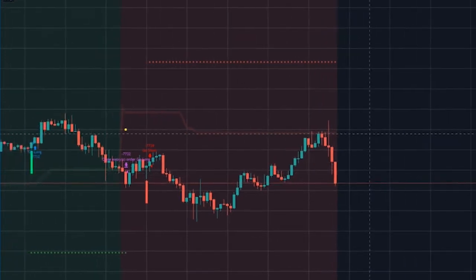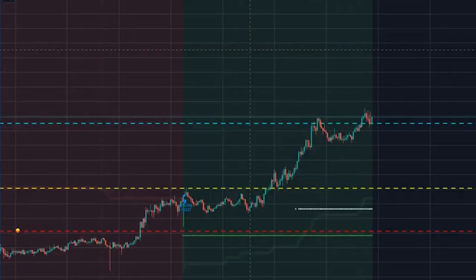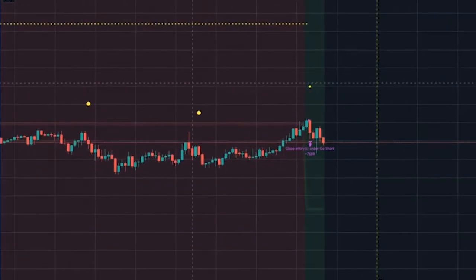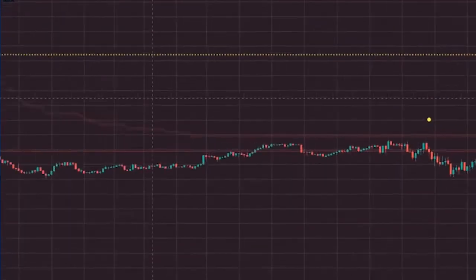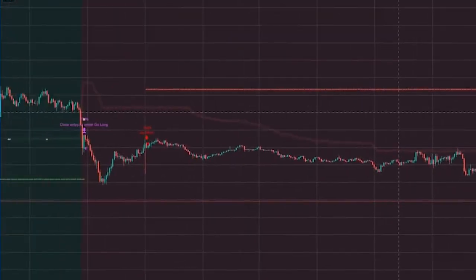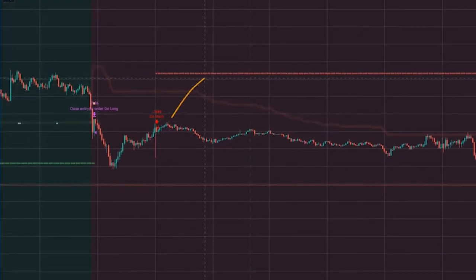So in the example of pound dollar, let's go over to pound dollar. Let's toggle through here. Here we go, pound dollar. So with the pound dollar on the algo chart, you'll see that red line at the top above the market. This line right here. That line right there is a stop loss point for a short trade.